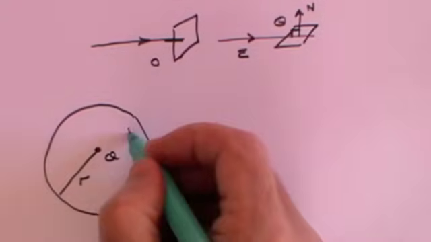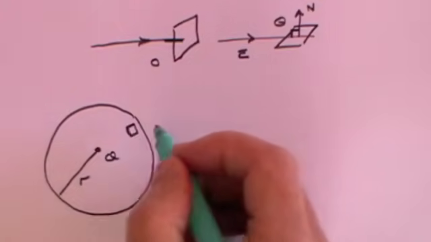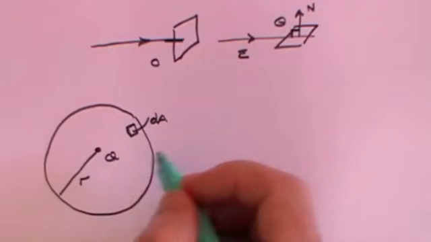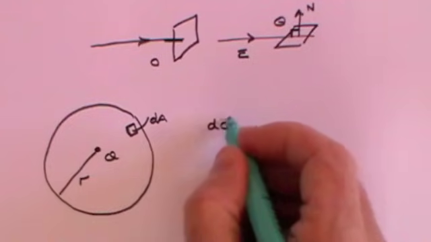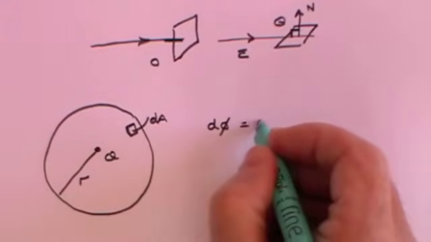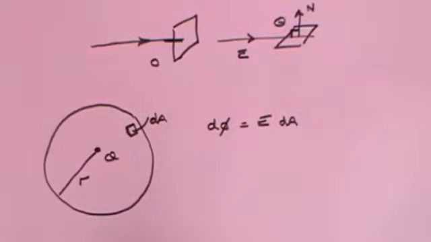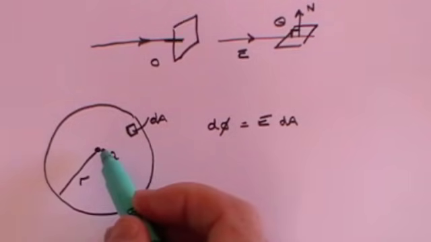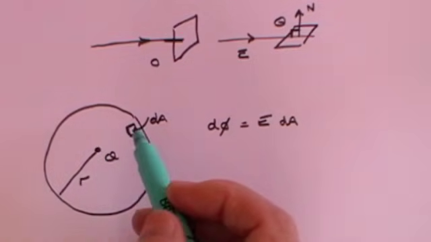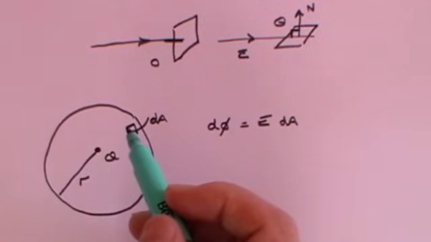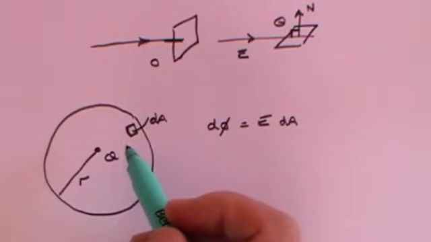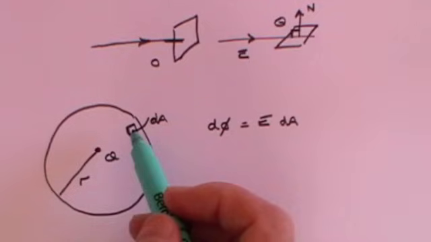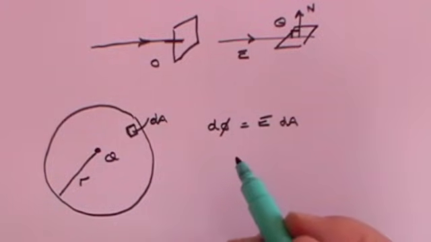Well, if you ask yourself what is the amount of flux passing through an area dA on the surface of the sphere, then the answer, of course, we've just derived is that the flux going through that little window will equal E times dA. We don't have to do dot dA in this case because, of course, we know that the field will always go out radially, and we know that the radius of a sphere always meets the surface of the sphere at 90 degrees. So you're always going to get maximum flux through a window which is on the surface of the sphere.